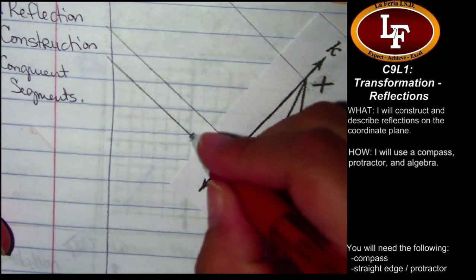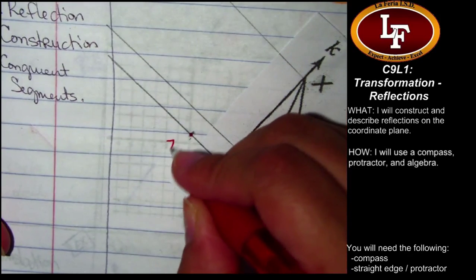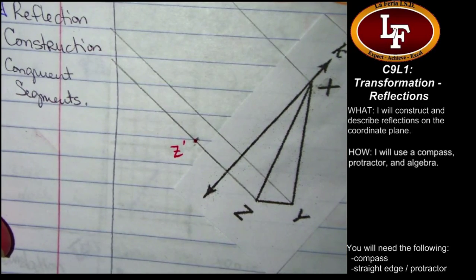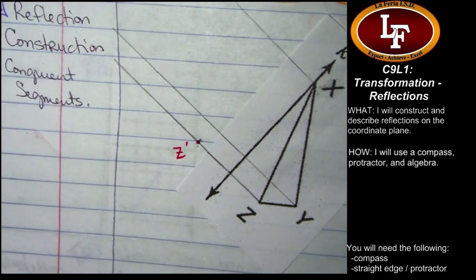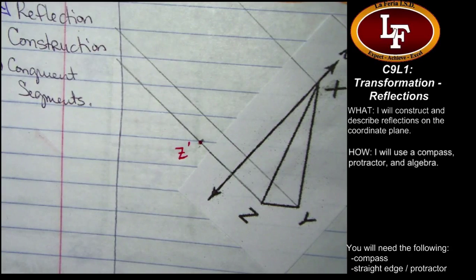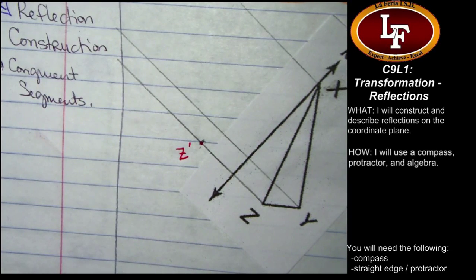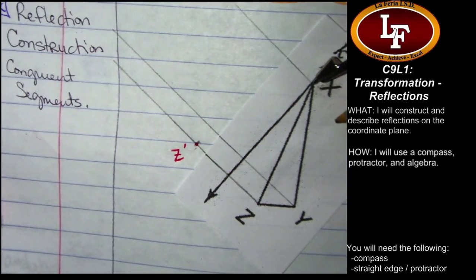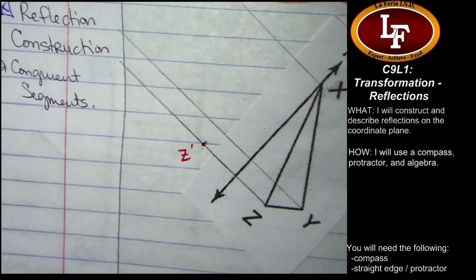This intersection right here is the point Z prime. Repeat for every vertex on your figure. How do we do X? Great question. Is there any distance between X and the line of reflection?